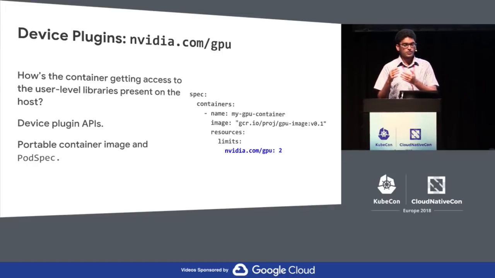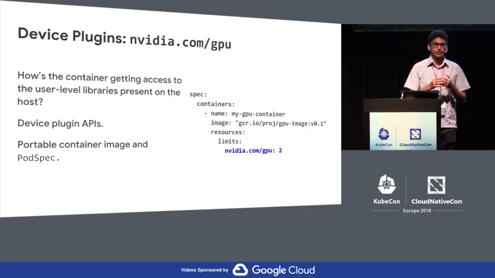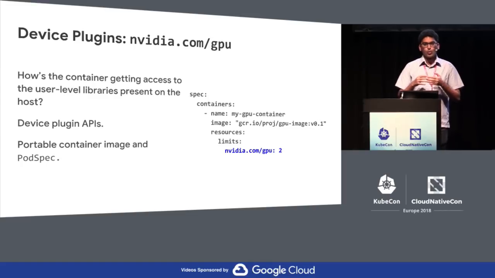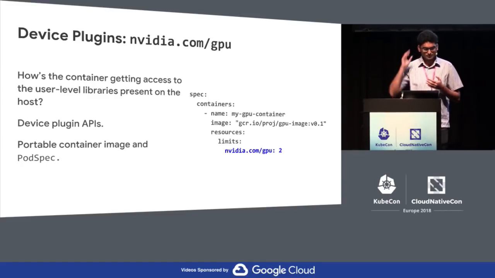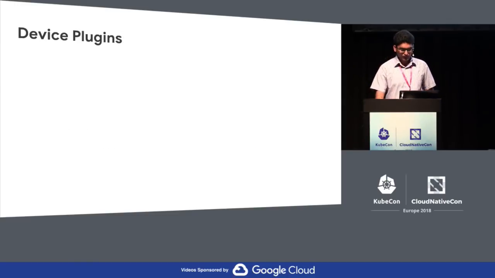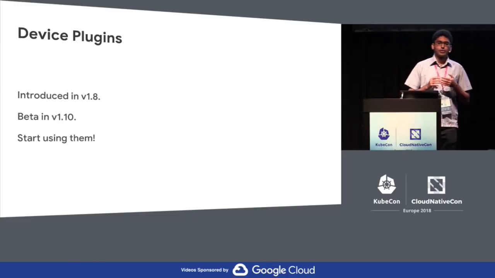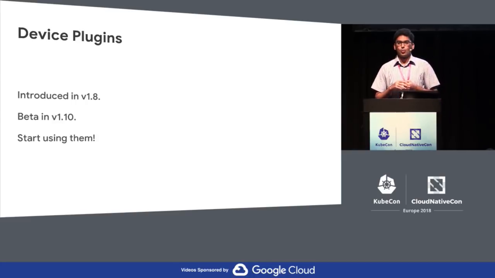All the host-specific stuff is part of the device plugin, which is configured by the cluster administrator who knows about the host. Device plugins were introduced as an alpha feature in 1.8. They went beta in 1.10, and if you're using GPUs with Kubernetes, you should start using device plugins.